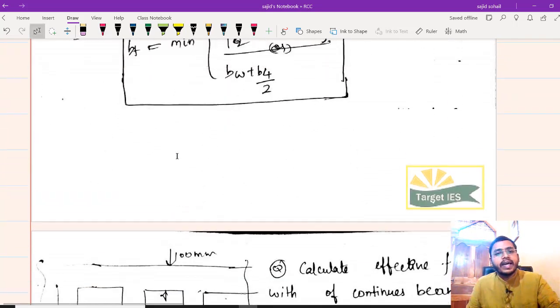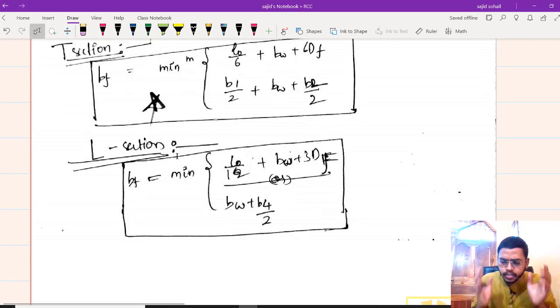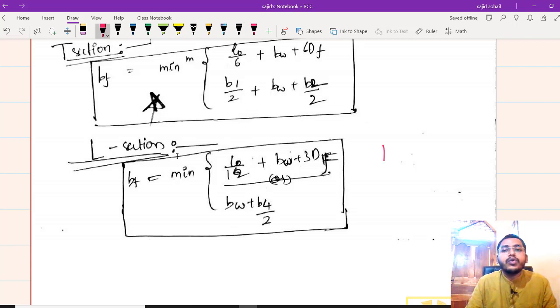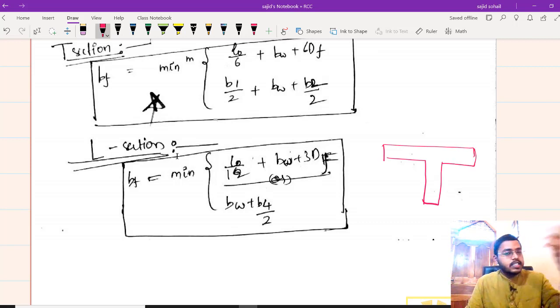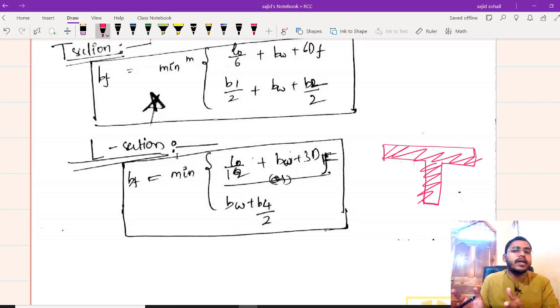So the entire formulas of T section, especially the width of flange, are so important to understand. I told you, if you are pasting and making your flanges big, it will be good for us, because in general you might have learned in your SOM that shear forces are taken by the web, and bending forces are taken by the flanges. बोल के आपने पढ़ा होगा, right? In your school or colleges you might have studied that. But there is a limit.